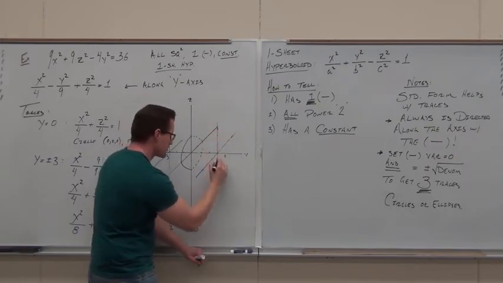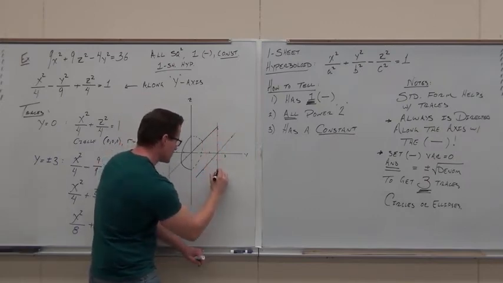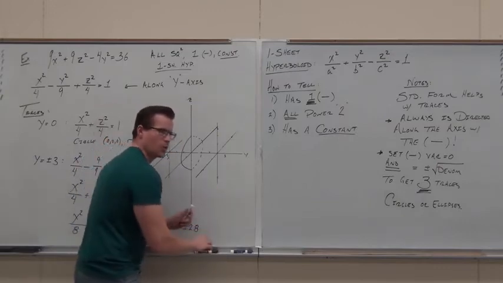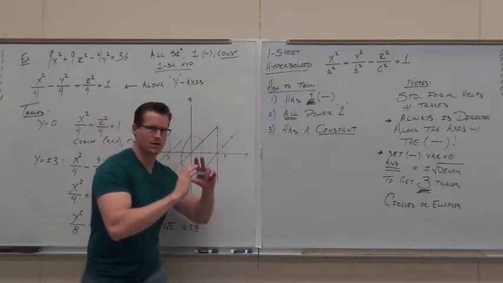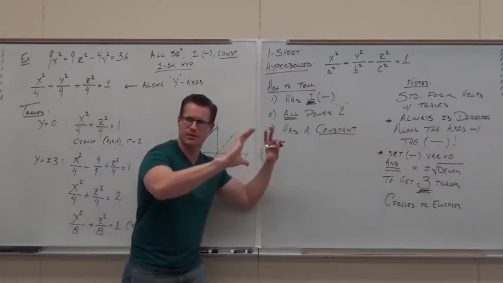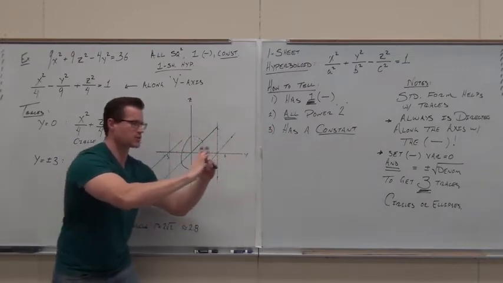Pretty close to -3, pretty close to +3. Do you see what's happening along the y-axis? My circle is gradually growing. That's all that's happening, and it's gradually going this way.